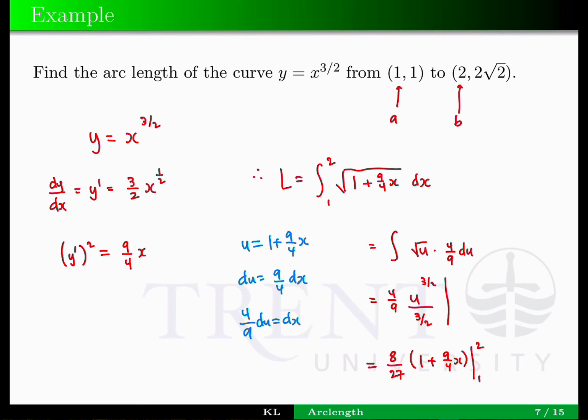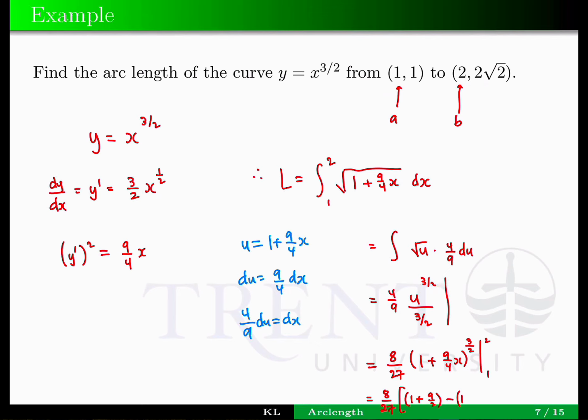So calculating, we will have 8 over 27 times 1 plus 9 fourths times 2, that will be 9 halves, minus 1. Oh, I missed something. I forgot the 3 halves here. So let me just insert that 3 halves. So this one is raised to 3 halves, evaluated from 1 up to 2.